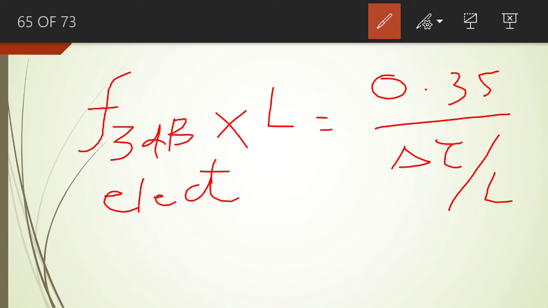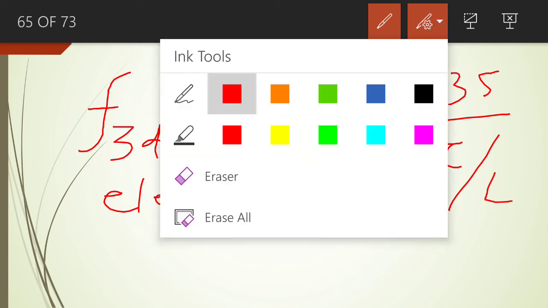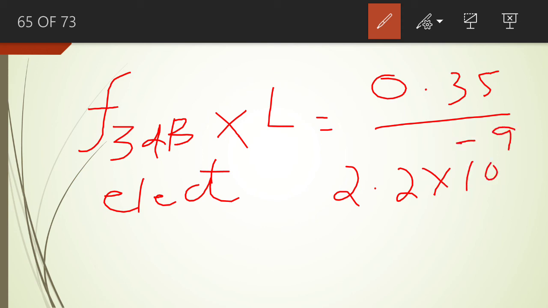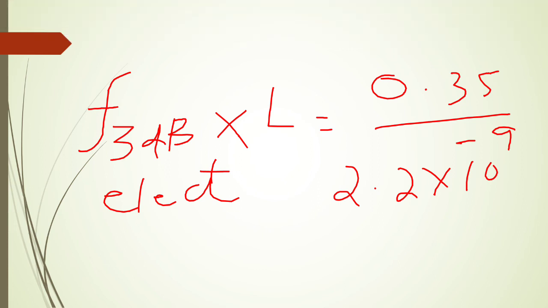So we put the value over here. The pulse spread per unit length is 2.2 nanosecond. So we have 2.2 into 10 raised to power minus 9. So if we simplify it, we get the answer.